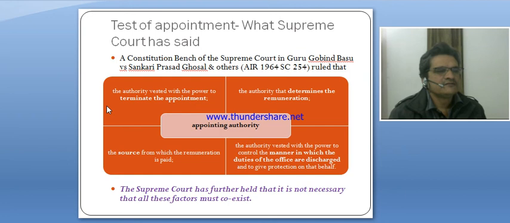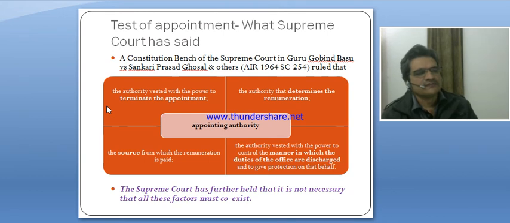Which is the authority which determines the remuneration, the source from where the remuneration is paid, and the authority which controls the manner in which the duties are to be performed in the given office of profit?